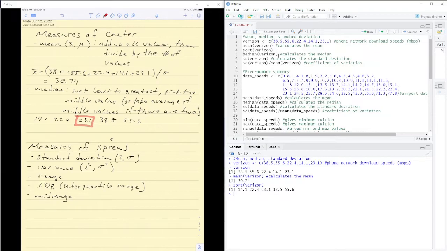So if I wanted to just use R, I could use the command median, and it'll give it to me, 23.1. Right. This one's not bad to do by hand because the data set is small. We can do the mean and median of that by hand. It gets a lot harder if the data set is larger to sort it all by hand, which is why software is great.